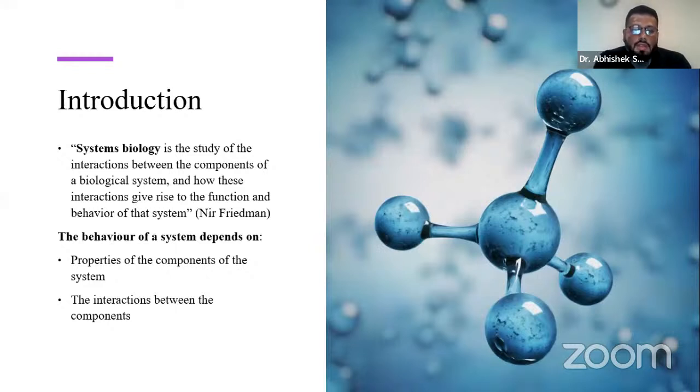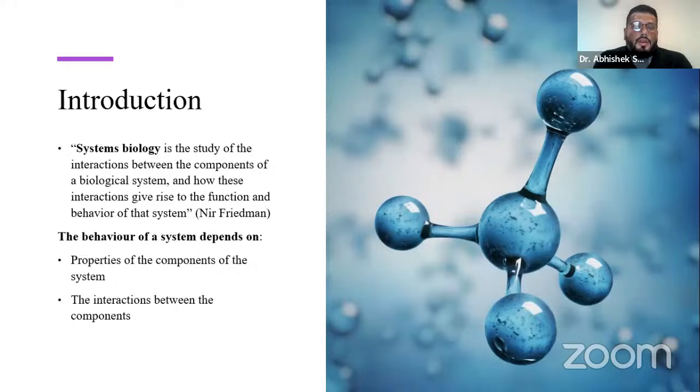Now, with all the omics data that we have, along with proteomics and metabolomics data, systems biology has taken a new phase, right? That's how systems biology is in vogue these days. If you go abroad, every university has a systems biology department or systems biology research groups, right?